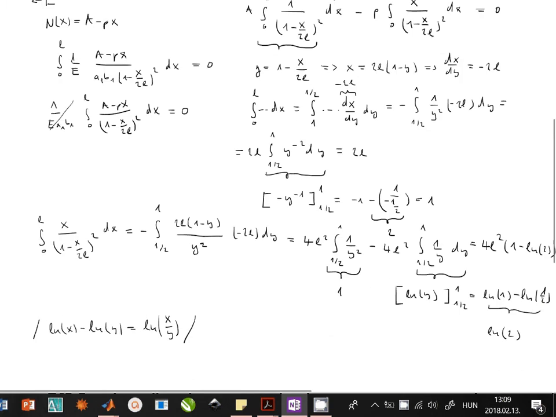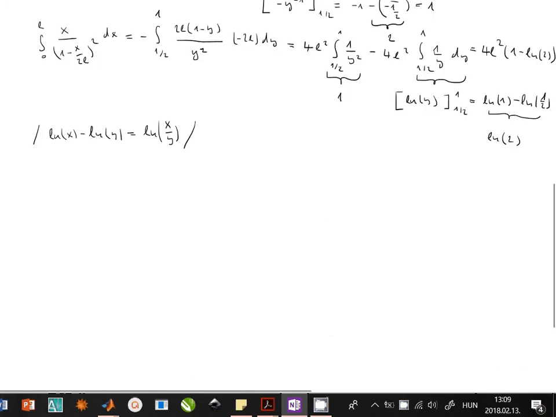So we got an equation for A. That equation is A times 2L minus 4PL squared times (1 minus natural logarithm 2). This is 0. We can express A from this equation. A is equal to 2PL times (1 minus natural logarithm 2).